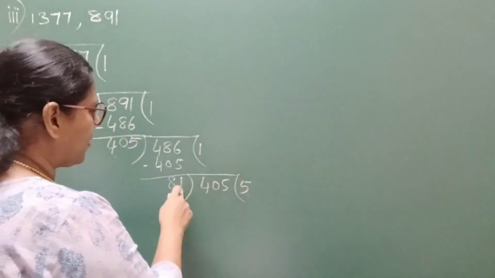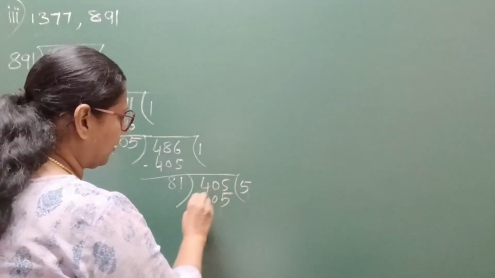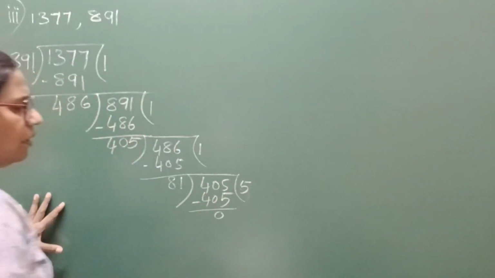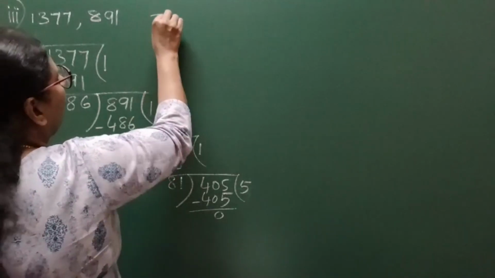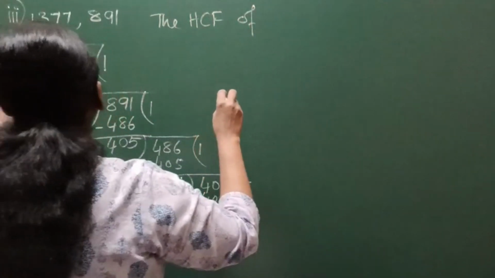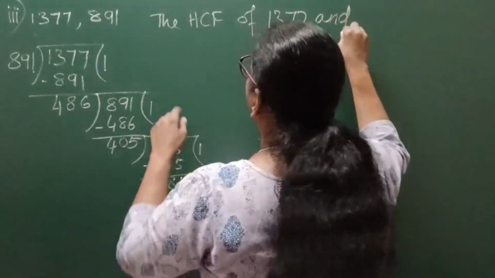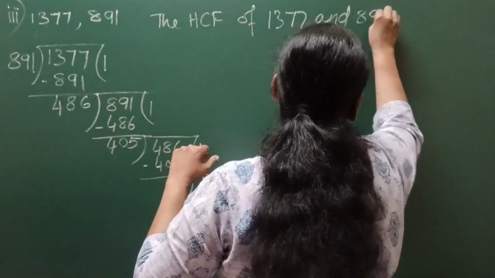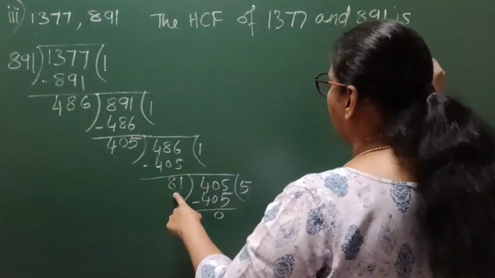Okay. 5 1s are 5. 5 8s are 40. Exactly. Okay. Remainder is 0. The HCF of 1377 and 891 is 81.